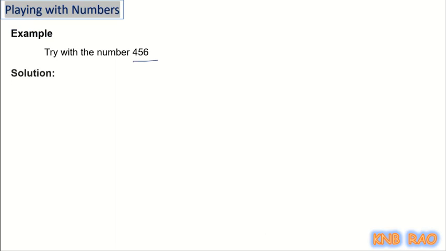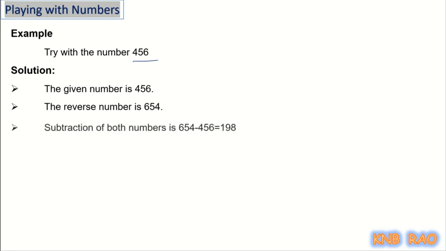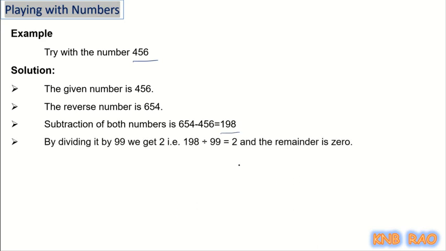Let us look at the solution. The given number is 456, the reverse number is 654, and their difference is 198, and 198 is the product of 99 and 2. So the quotient is 2. This 198 is divisible by 99, giving remainder 0.